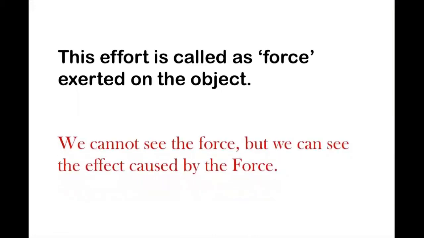And that effort only we are calling as force exerted on the object. We cannot see the force, but we can see the effect caused by the force. For example, when the boy is pushing the table, we can see that effect, but we cannot see the force.